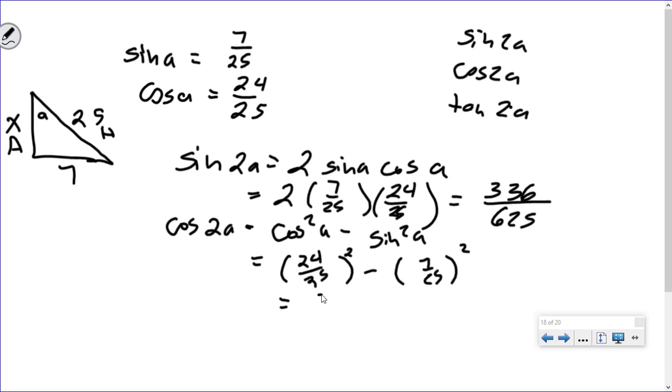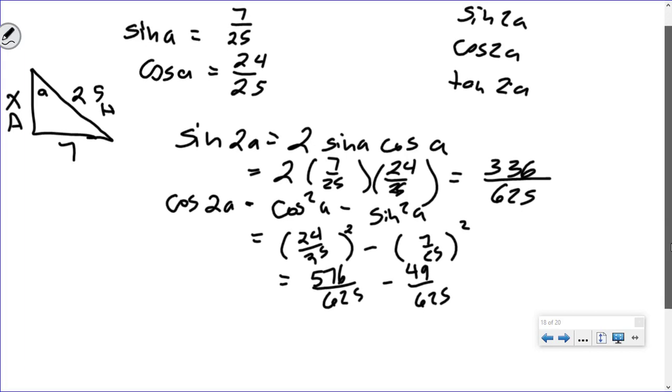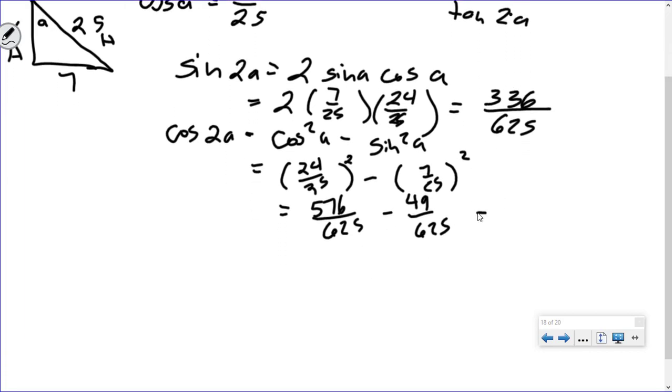So that was 576 over 625 minus 49 over 625. And then 576 minus 49 is 527 over 625. And again, we know 625 is 5 times 5 times 5 times 5, and since there's no 5's in 527, this is as simplified as it's going to be.